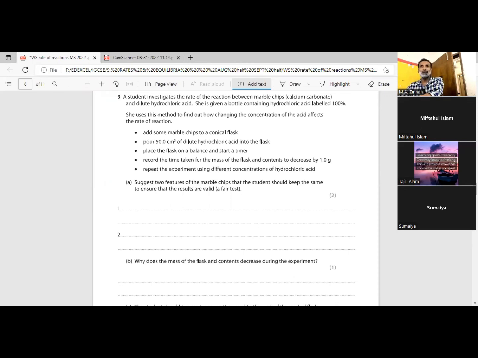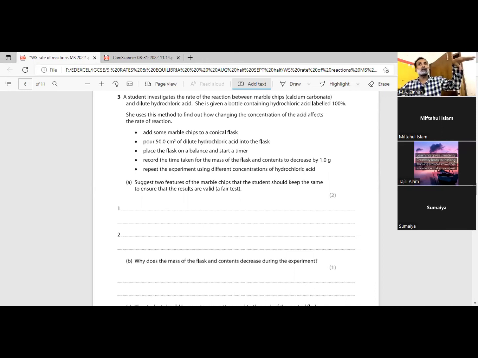How is that? এবার টাইমটা ফিক্স নাই, এবার in this experiment or this type of experiment time fixed নাই। কি ফিক্সড আছে? mass fixed, 1 গ্রাম কমলো। টাইম কত লাগলো রেকর্ড দ্যাট, আবার 1 গ্রাম কমলো। টাইম কত লাগলো, record that time, আবার 1 gram, in every of the experiment when this is repeated using different concentration. 1 গ্রাম কমতে মানে 1 গ্রাম গ্যাস তৈরি হতে কত সময় লাগে in different reactions, in different experiments.